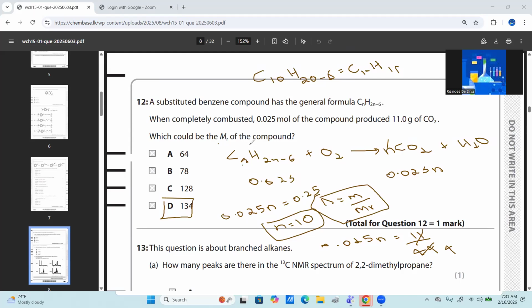Then the next one, this question on alkanes. How many peaks are there in the carbon-13 spectrum of 2,2-dimethylpropane?